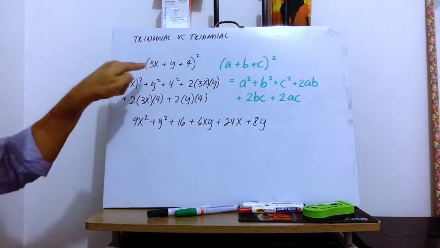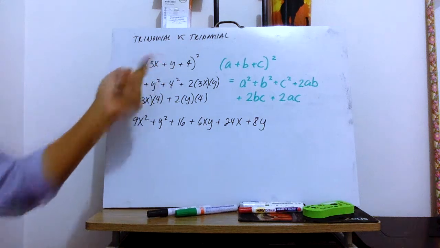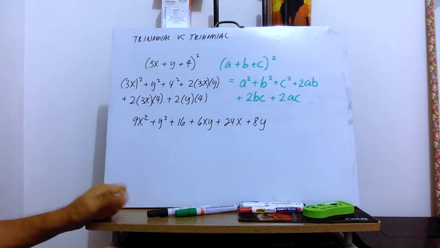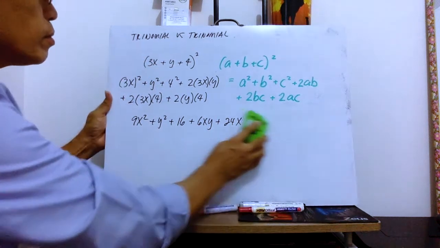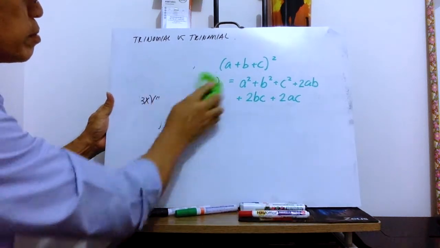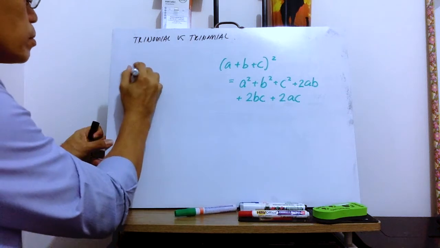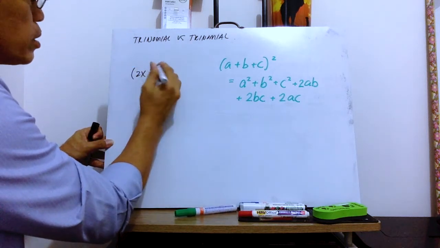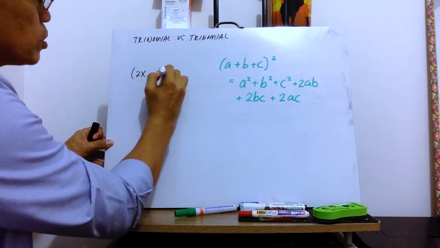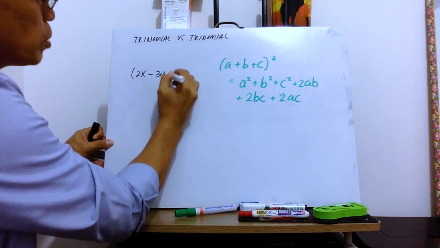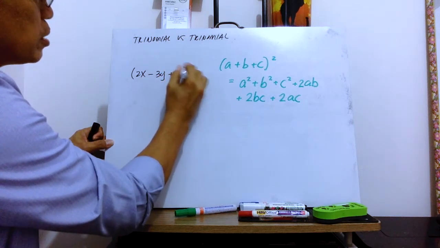What if one of them is minus? What if it's like this? 2x minus 3y plus z squared.